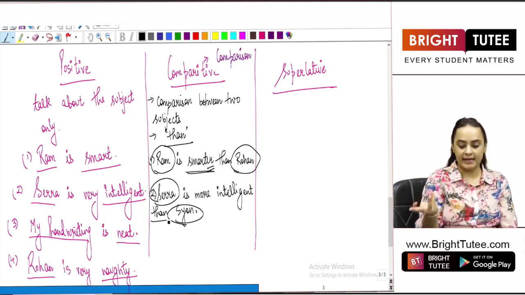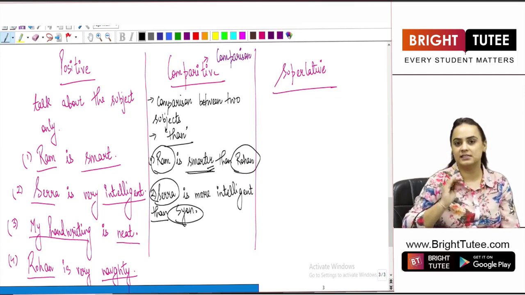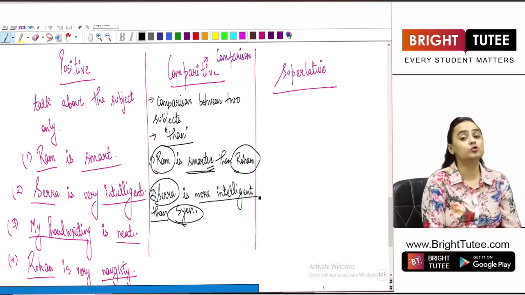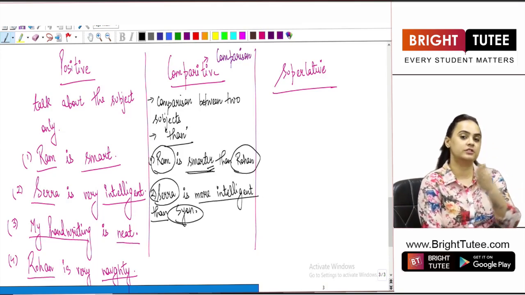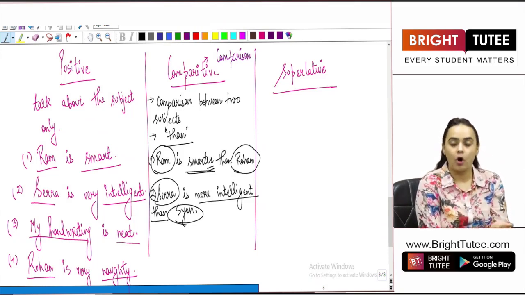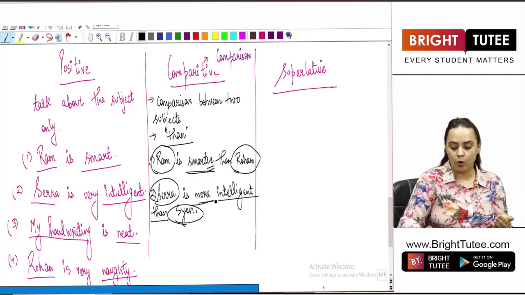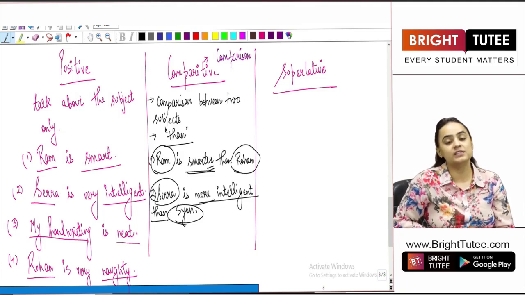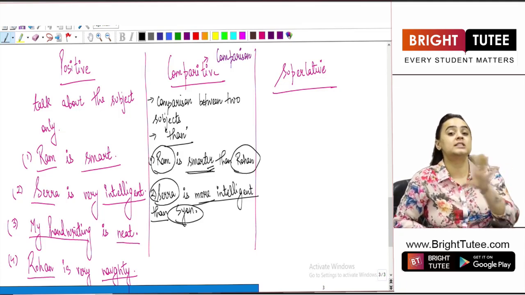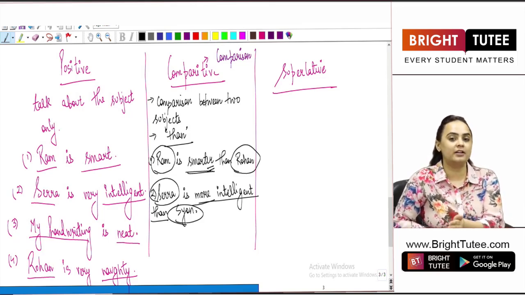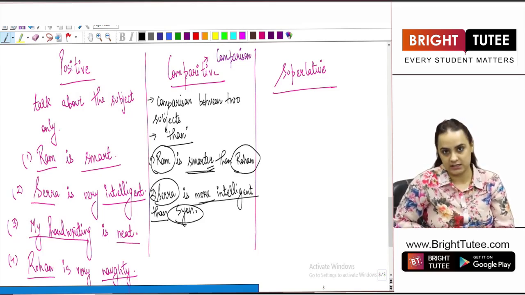Comparison, "than" is used, so it is a comparative degree. As I told you, there are just two ways of changing positive to comparative: we can either add -er or add "more" before the adjective. We all know there is no word as "intelligenter," so to change intelligent to comparative, we make it "more intelligent."